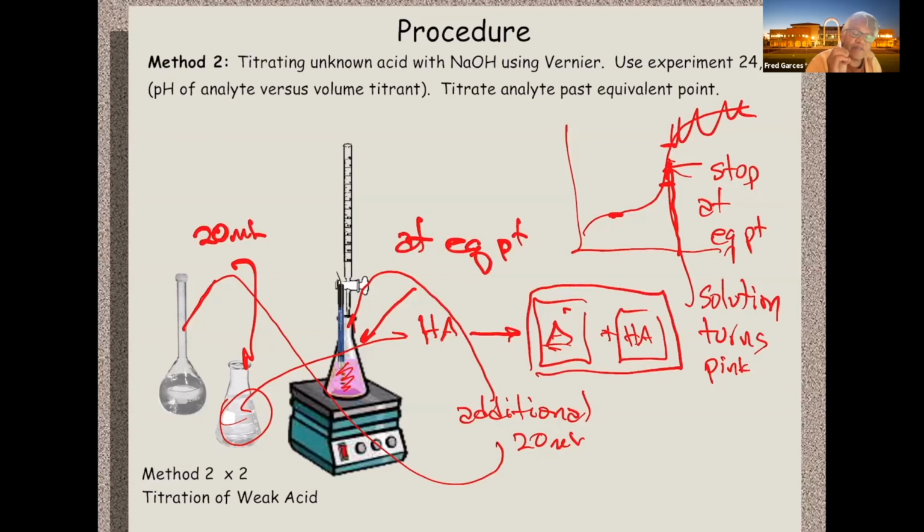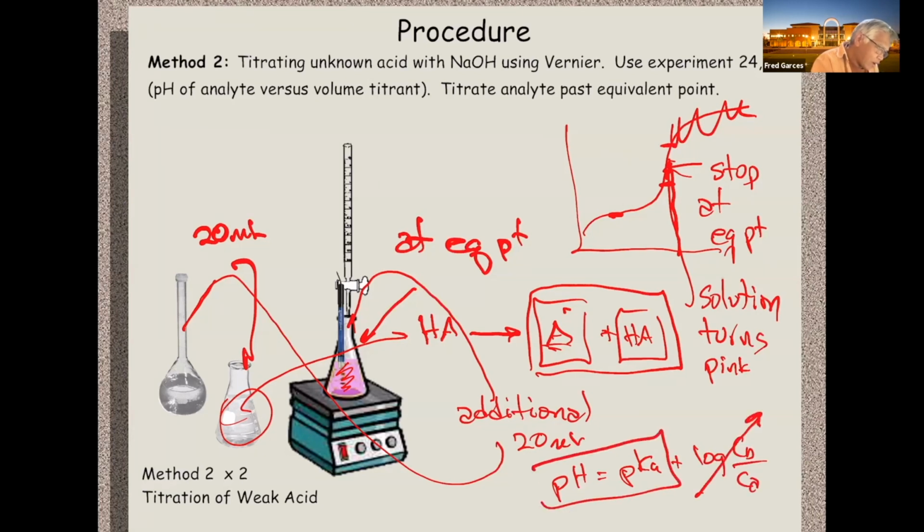And when you have equal amounts of acid and its conjugate, or base and its conjugate, well, guess what? The pH equals the pKa plus the log of the conjugate base over the conjugate acid. This is going to go to 0.